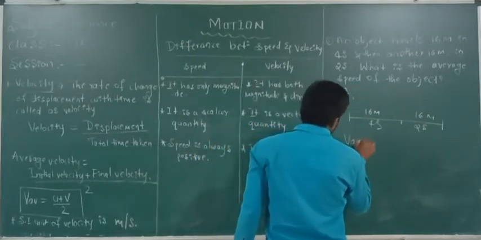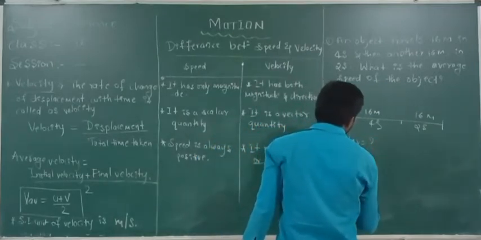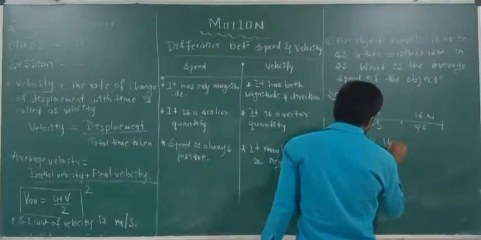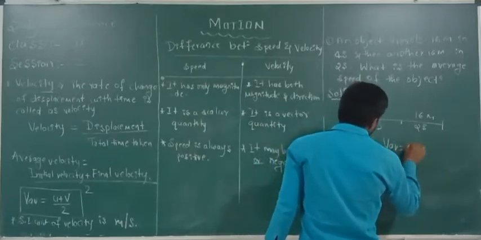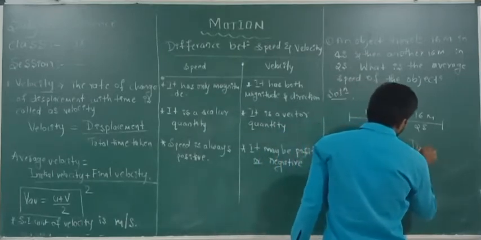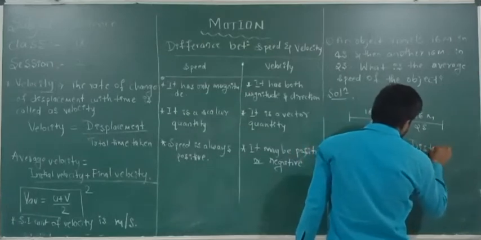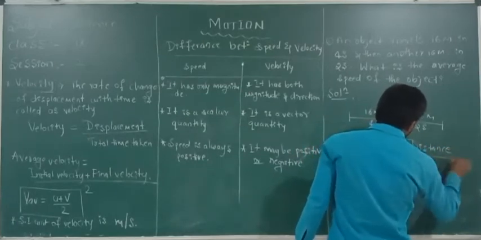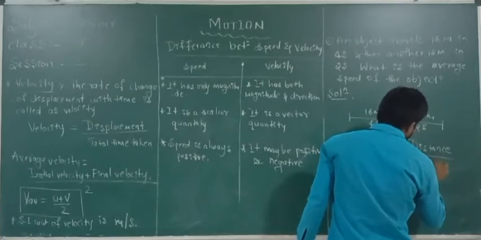Average speed, V_av, is equal to what? Average speed is equal to total distance covered by the object divided by total time taken.